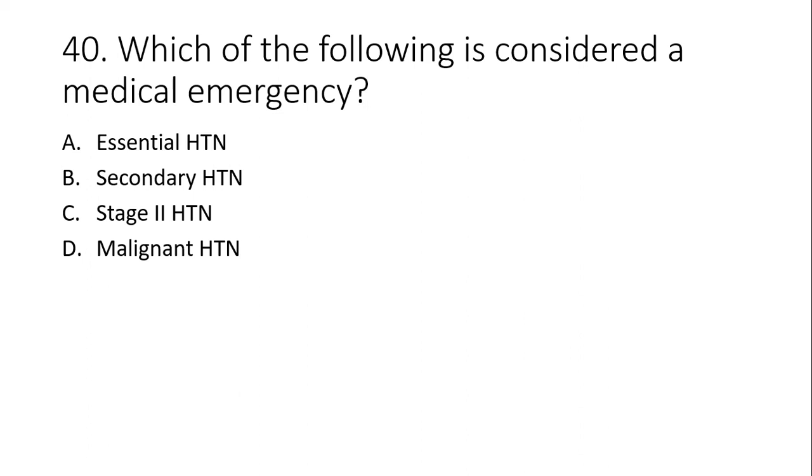Just know when someone is above 140 systolic and 90 or above diastolic, that's when we're really considering treatment. Anything below that, start eating right, start moving around is the first step.